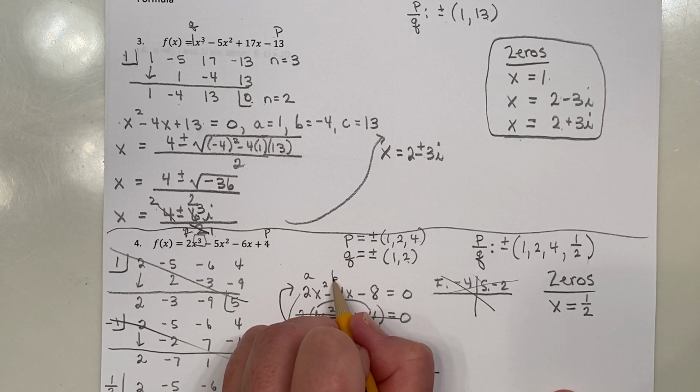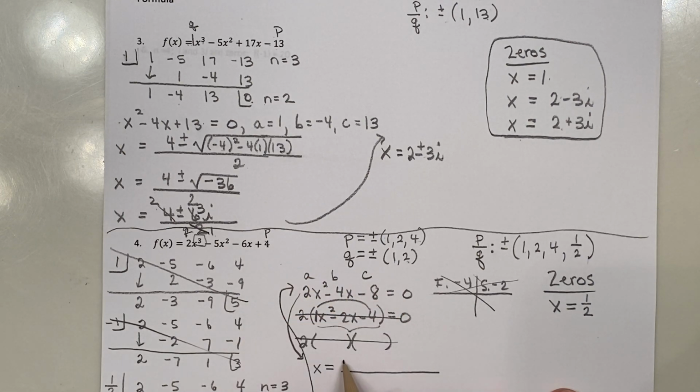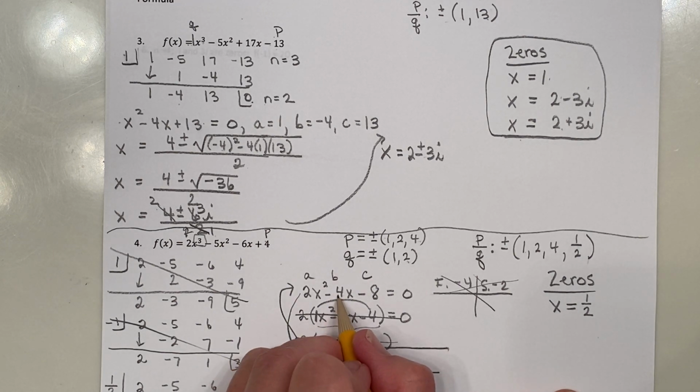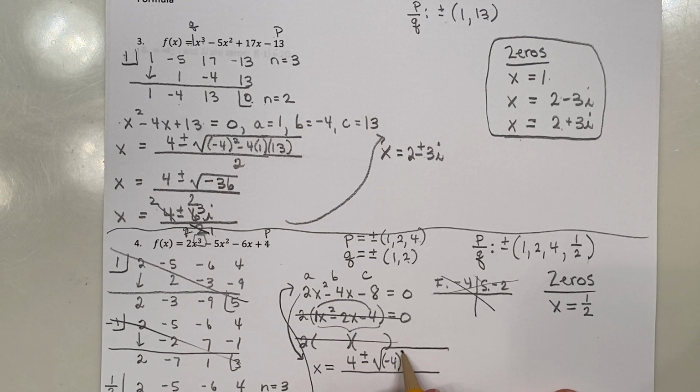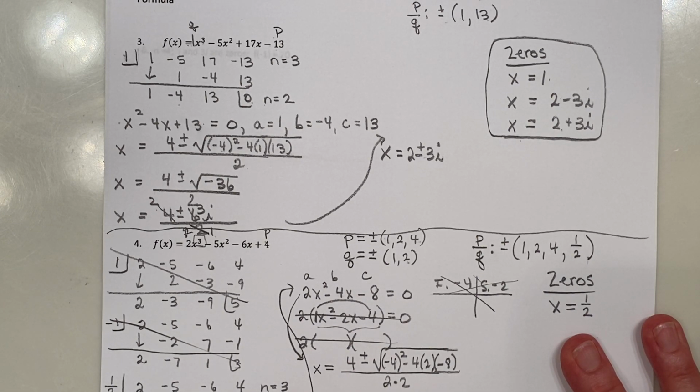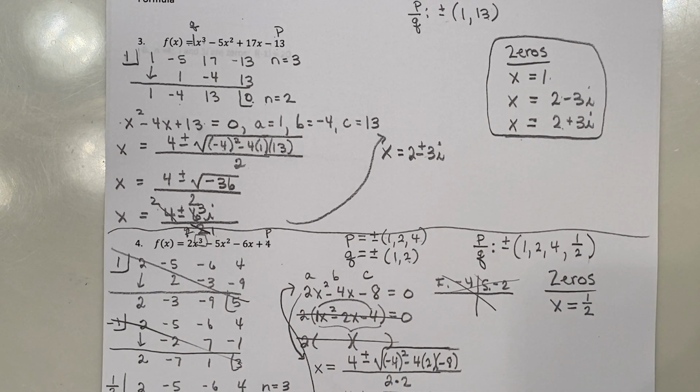So I've got a is 2, b is negative 4, and c is negative 8. So negative b is 4, plus or minus the square root of negative 4 squared minus 4 times a times c, all over 2 times 2. This is 16 plus 64.